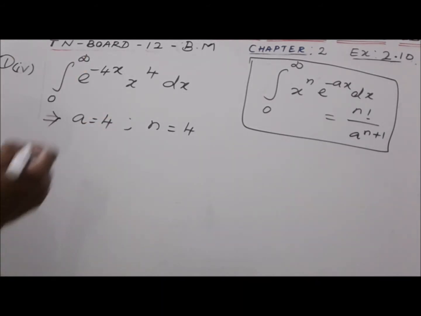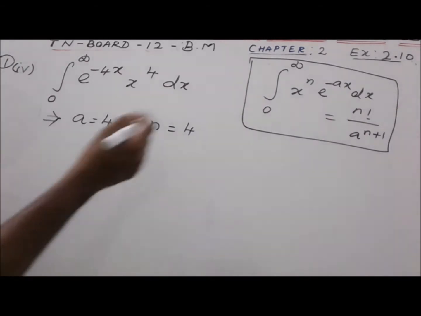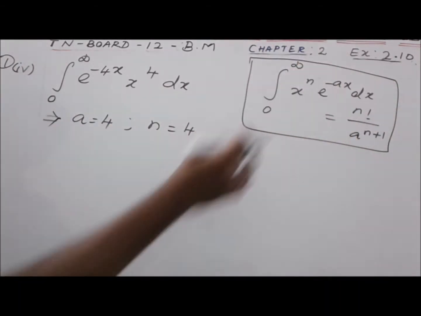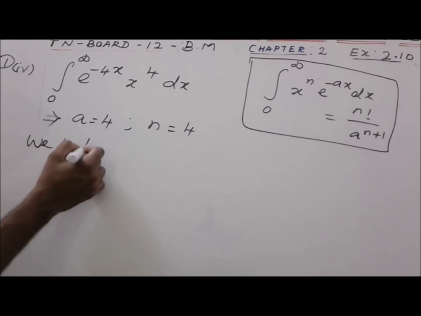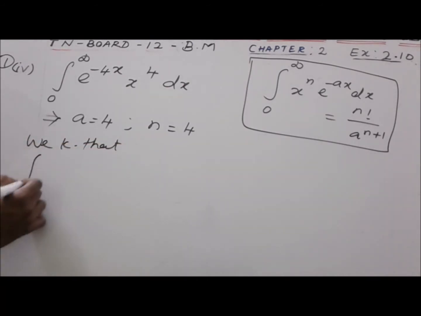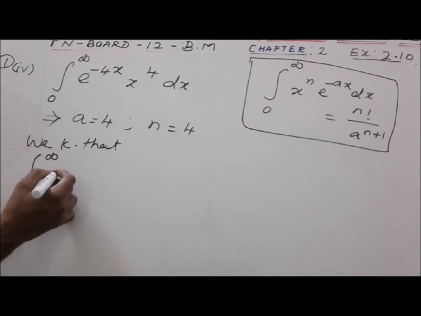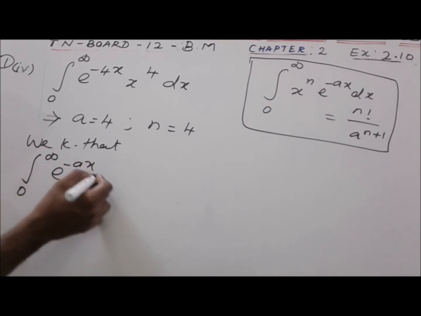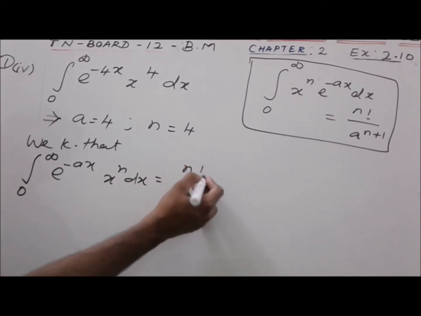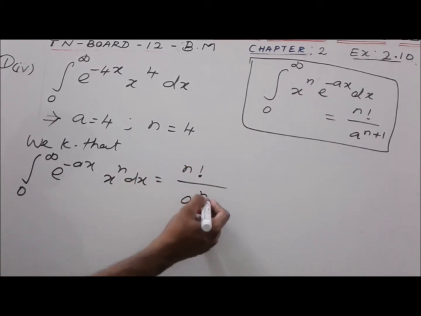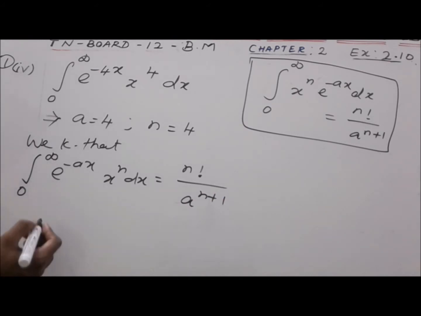Now substituting in the result of x power n e power minus ax dx, we know that integral 0 to infinity e power minus ax x power n dx is equal to n factorial divided by a power n plus 1.